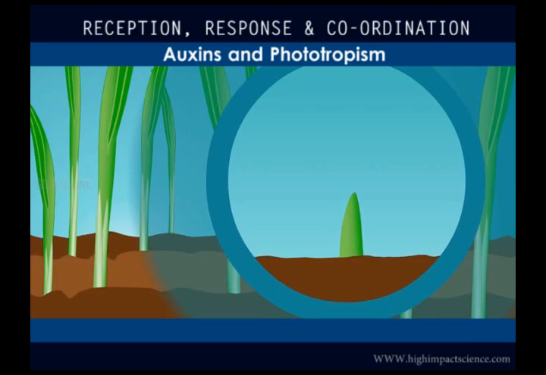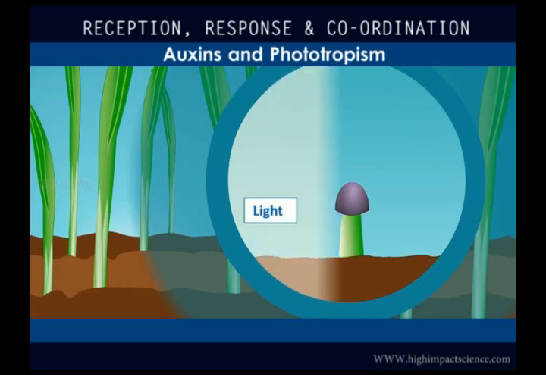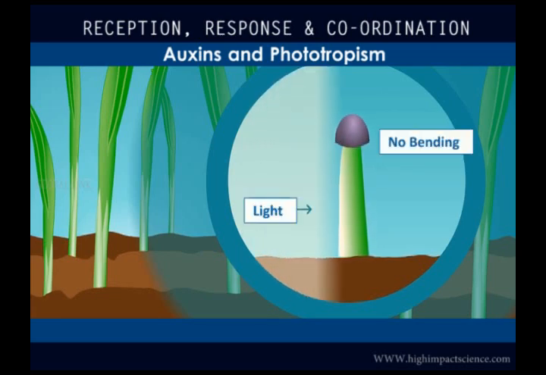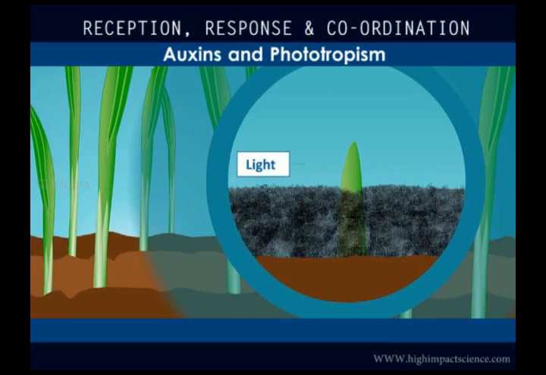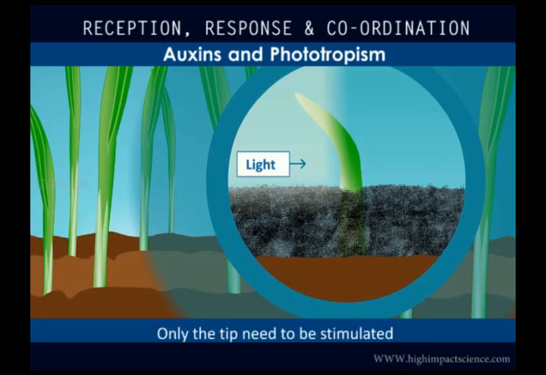In another experiment, the coleoptile tip was covered to prevent light from reaching it. Again, no bending response occurred. This confirmed that the tip must be stimulated. When light was shone on the tip with the lower regions covered, bending occurred. This shows that only the tip needs to be stimulated.